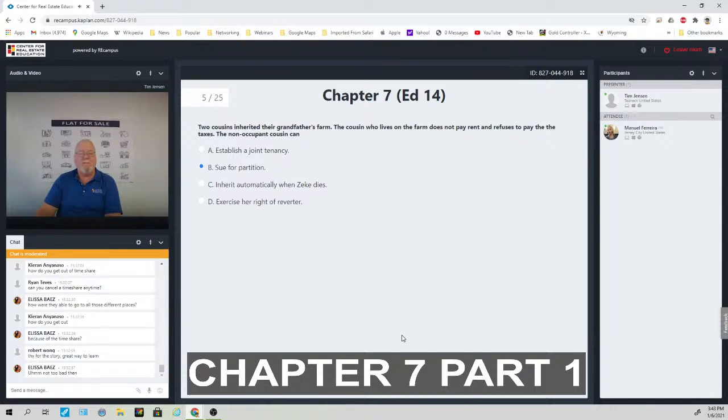Number 6, owners A and B own an apartment building as joint tenants. If owner A sells his interest to person C, then what?